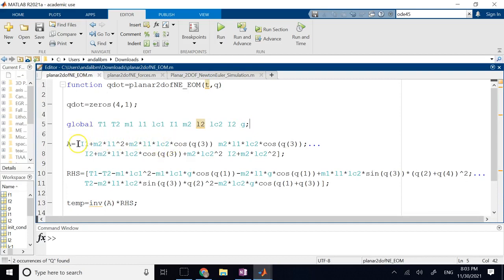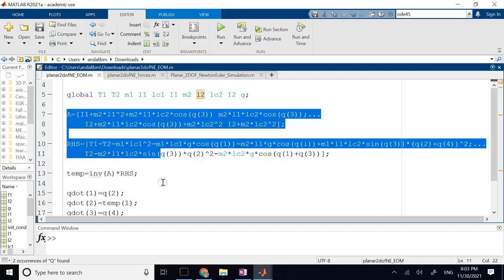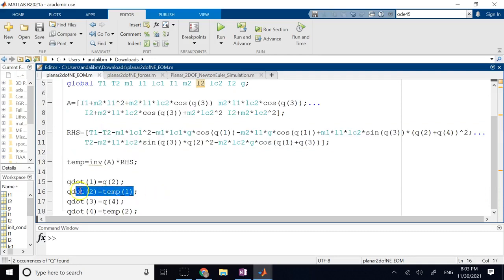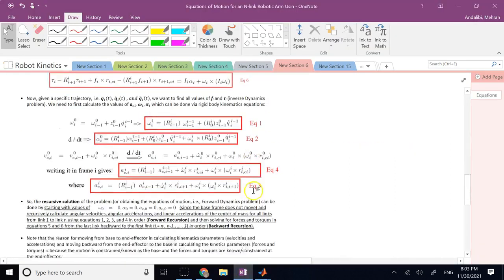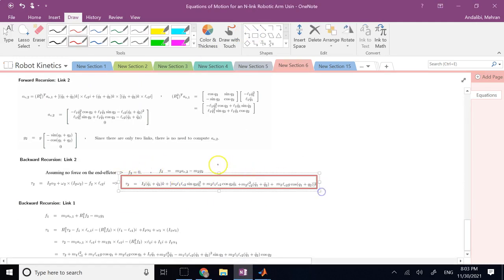So here what I did, I solved for Q1 double dot and Q2 double dot from the governing equations, and then I used those to be the time derivatives of q1 dot and q2 dot, because if you look into your governing equation, this one here, this equation is not only about q2 double dot, there is also q1 double dot in it.